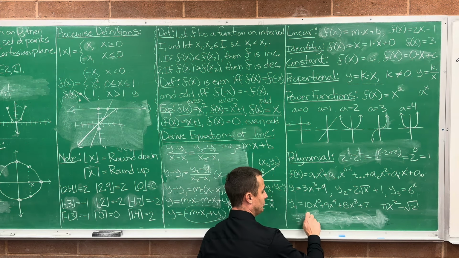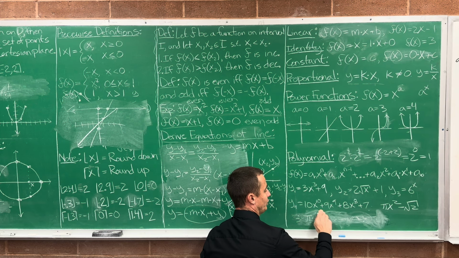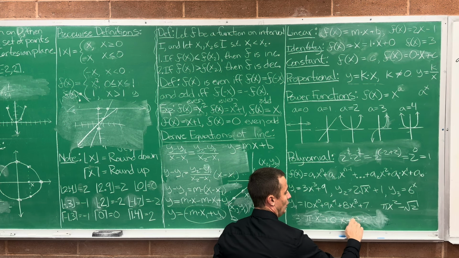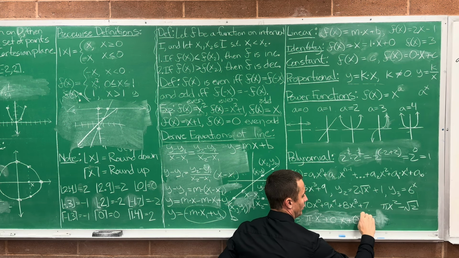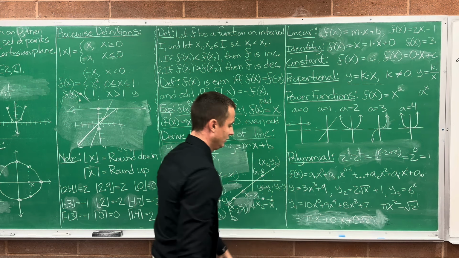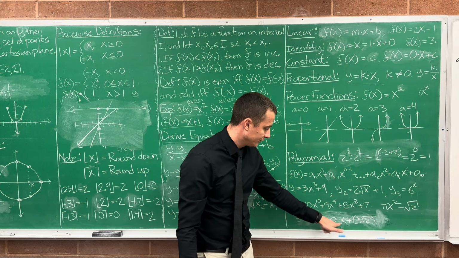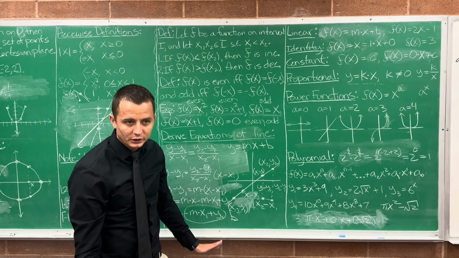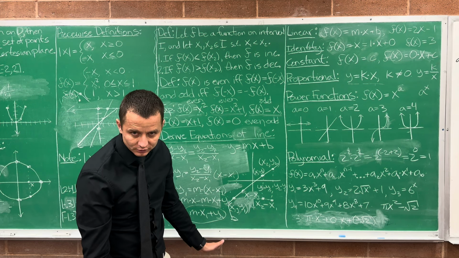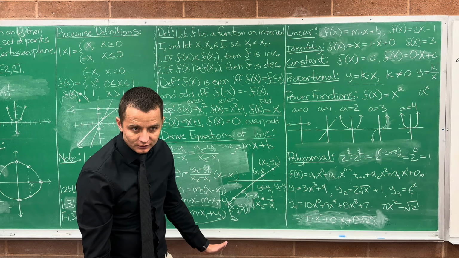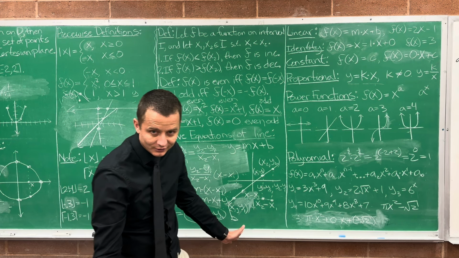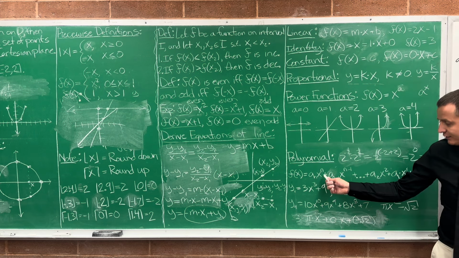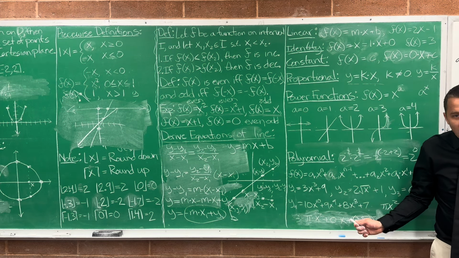Yeah, I've got some constant times x squared plus some constant 0 times x plus some constant, negative square root of 2. Constant times x squared plus constant times x plus constant. It works. So if we can express it that way, it's a polynomial. Make sense? Yeah. In short, a polynomial is what you're going to have if all your x's are positive whole numbers.